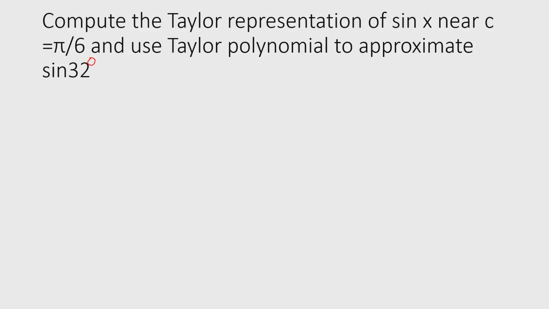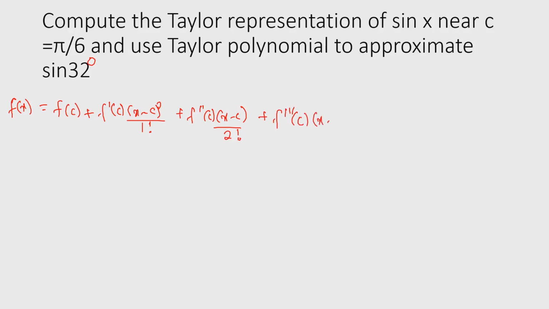The first thing we do is remember that the polynomial says f of x, which is the same as p of x, is equal to f of c, plus f prime of c times x minus c over 1 factorial, plus the second derivative of f at c times x minus c squared over 2 factorial, plus the third derivative of f at c times x minus c raised to the power of 3 over 3 factorial, then the fourth derivative of f at c, just like we did previously.